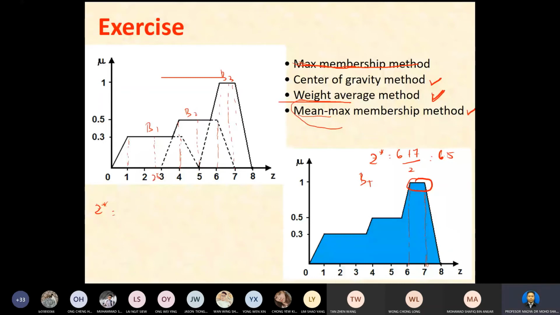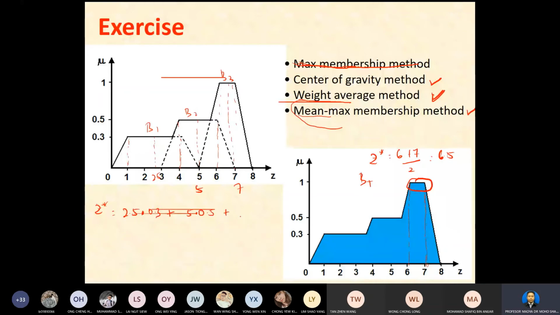So this one 2.5 multiplied by 0.3, plus this one 5 multiplied by 0.5, plus 7 multiplied by 1.